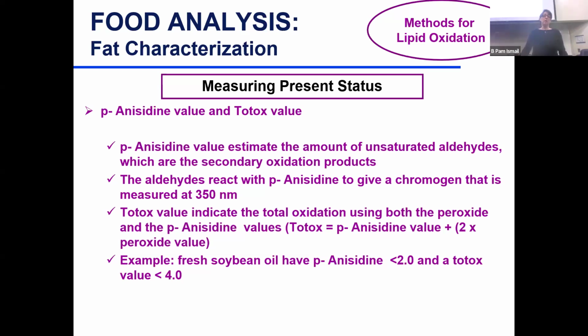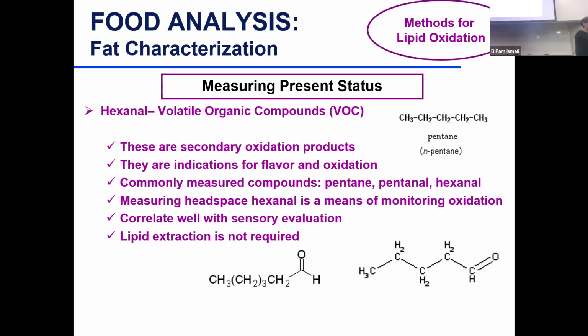Now, another very common method, and this is specific for secondary metabolites like hexanal. Hexanal is a common secondary metabolite. It's a volatile. And also pentane and pentanal, they're all volatile. So oftentimes when we want to determine the extent of lipid oxidation, we get the sample, and it's very easy. We use GC-FID, and it's a headspace method, meaning you don't have to extract any oil or anything.